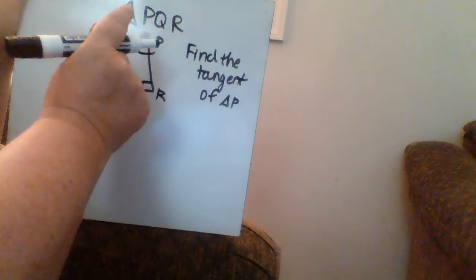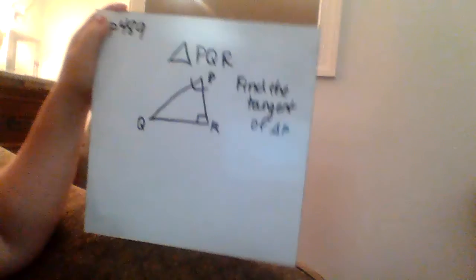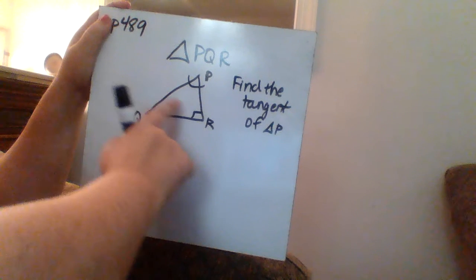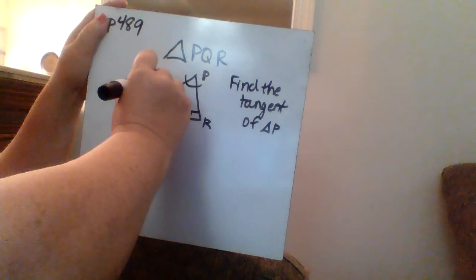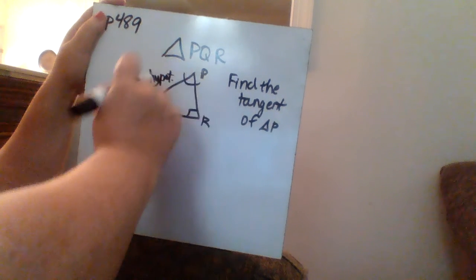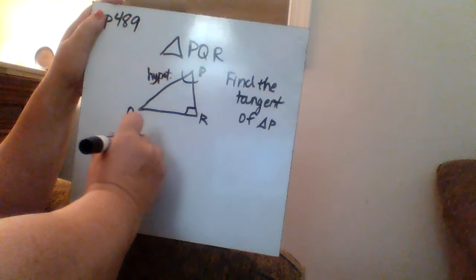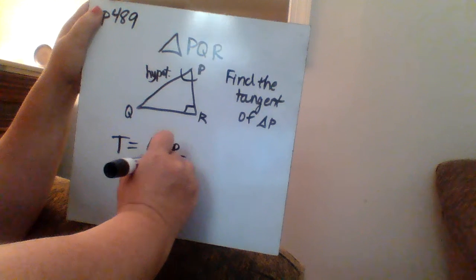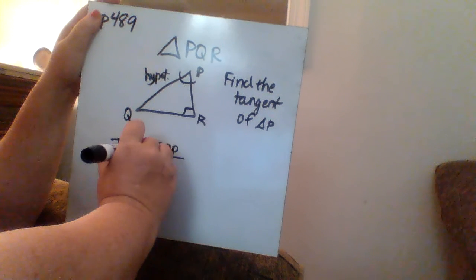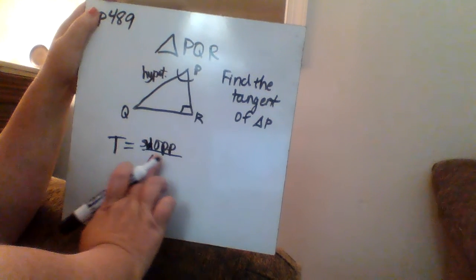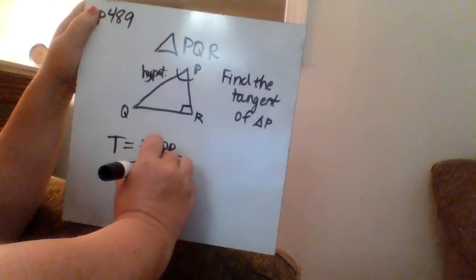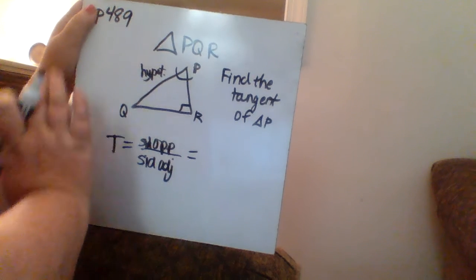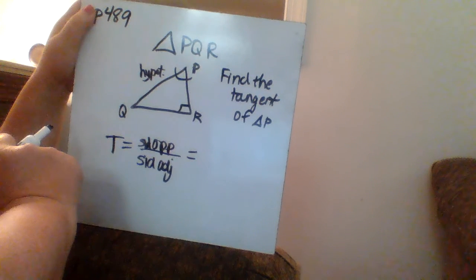The first thing that we would do is label our sides. That's going to help us out. Our side opposite of the 90-degree angle would be our hypotenuse. We don't need the hypotenuse, because tangent is side opposite over side adjacent, but we're going to go ahead and label it so we don't get confused and accidentally think that that's our adjacent side.